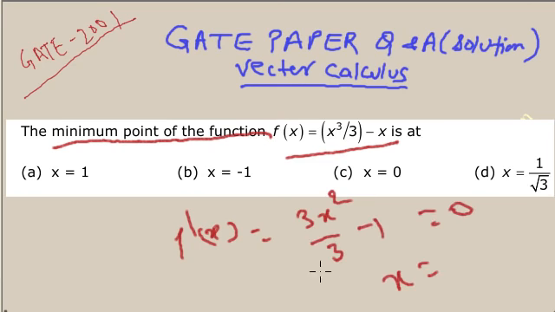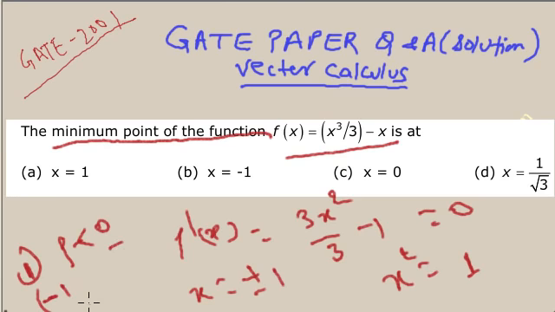So x square is 1, so x is plus or minus 1. If you put plus 1 here, at 1, f dash x is negative, and if you put minus 1, f dash x is positive. So the minimum value is at 1. So the answer is this.